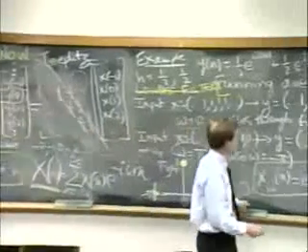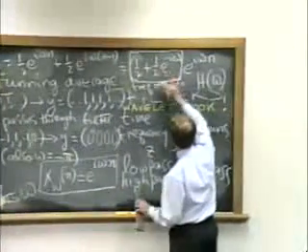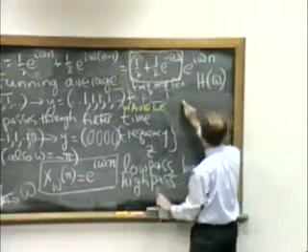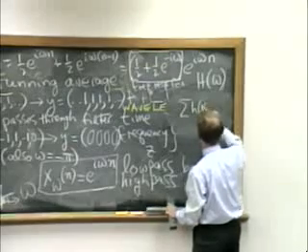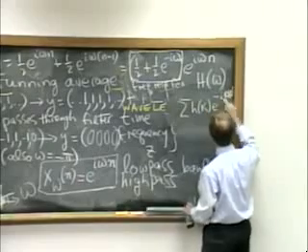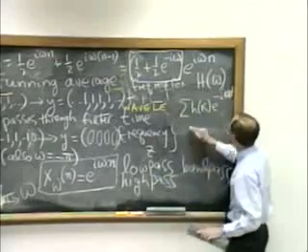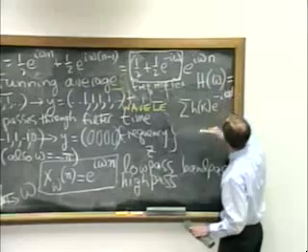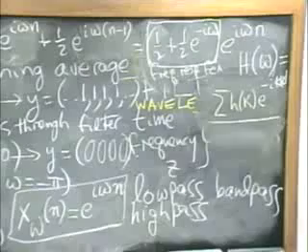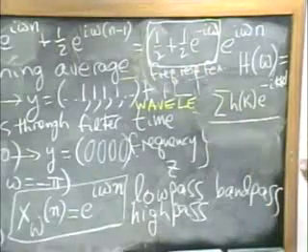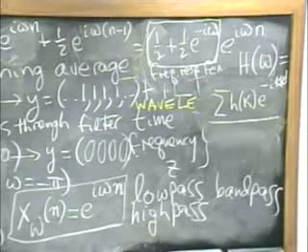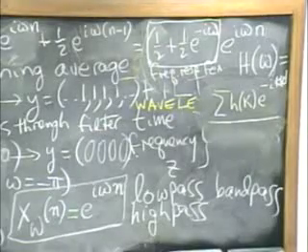This h of omega is nothing but the sum of the h of k's e to the minus I k omega. I'm jumping from the example where it's 1/2 and 1/2, and we did everything really clearly, to what it would be for any set of numbers.